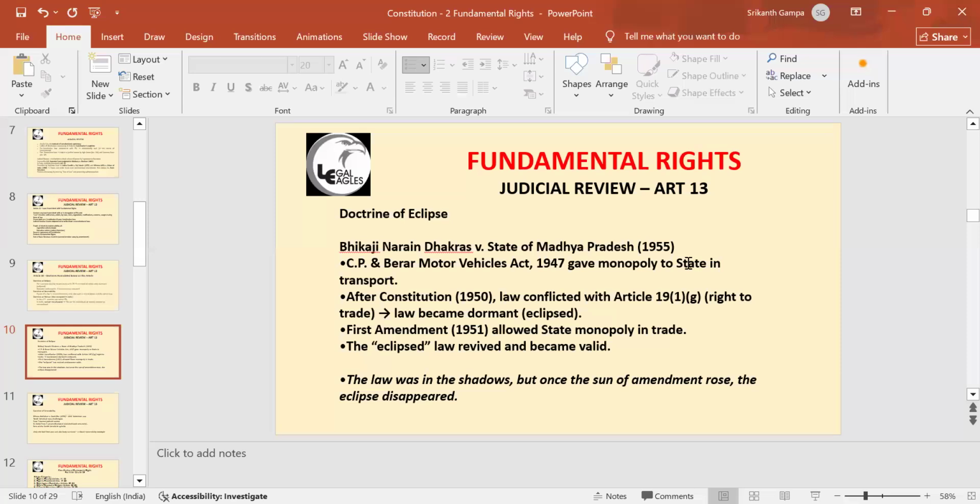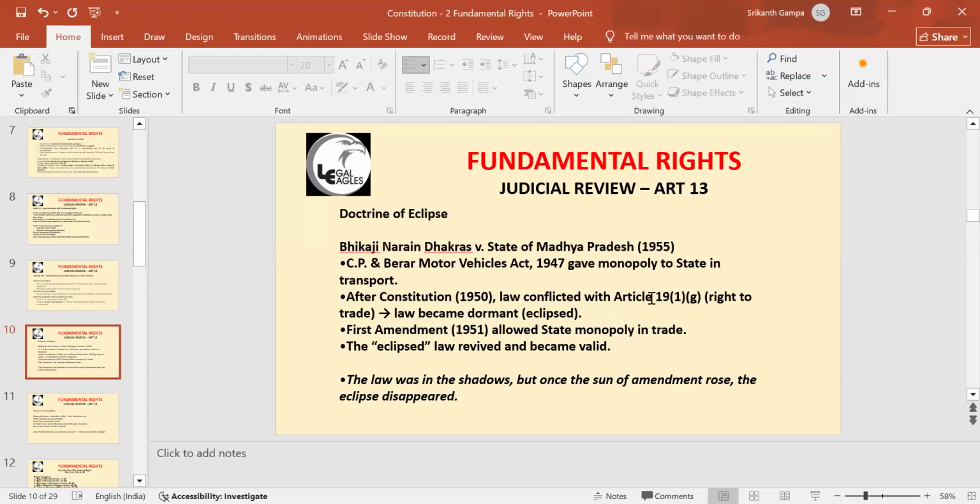After the Constitution, the law conflicted with Article 19(1)(g), right to trade. So the law became dormant. Article 19(1)(g) gives the right to trade, but this particular act gave monopoly to the state in transportation.